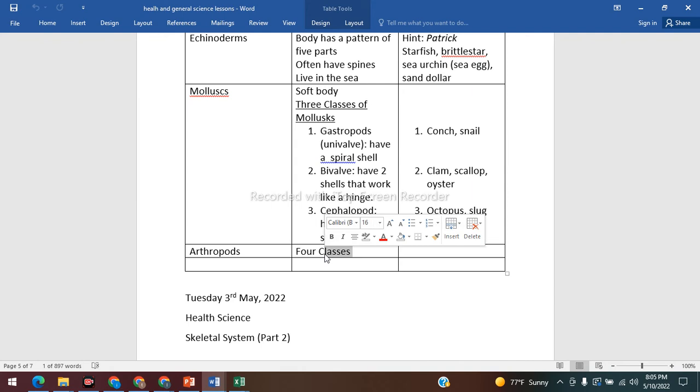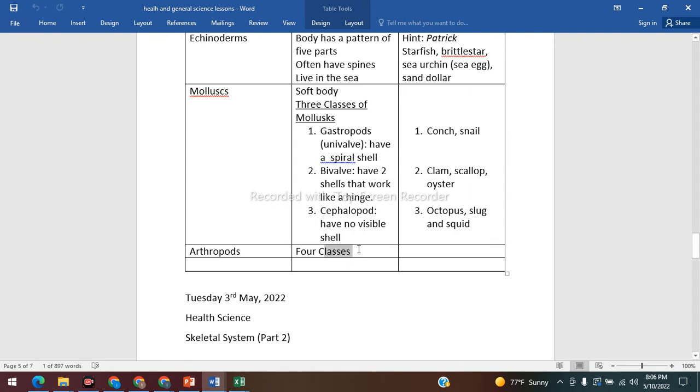Someone said it. Insects. Very good. What are the other two? Myriapods. Very good. And then what's another one? Arachnids. Right. Okay, good. So we're gonna look at those 4 classes today.